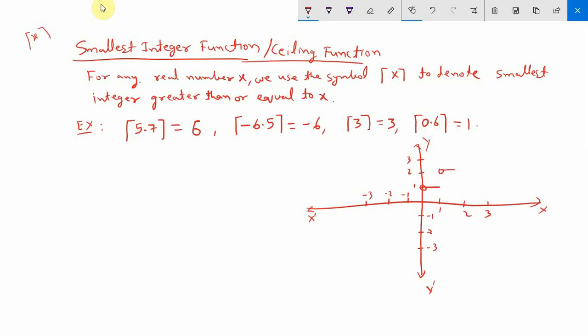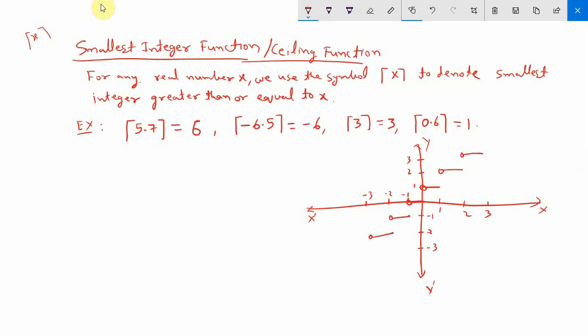Similarly here. Next, greater than minus 1 it will be 0, then greater than minus 2 it will be minus 1.